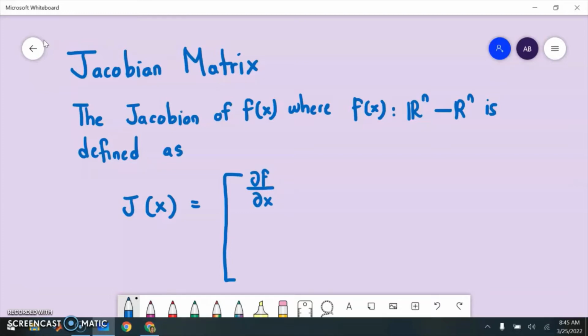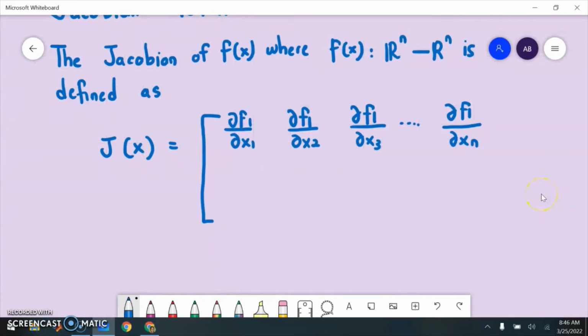If I have more than one dimension, I will put it like this, and then the next one will be the derivative of function 1 with respect to x2, and the next one will be the derivative of function 1 with respect to x3, and so on, up to the derivative of function 1 with respect to xn. This is the first row of the matrix.